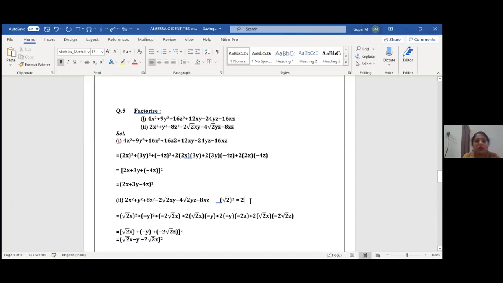So same thing. 8 I can take in the form of 2 root 2.